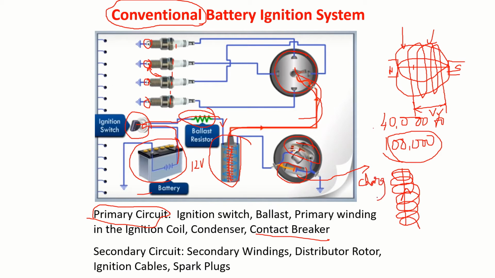You please know that these 2 points are in contact, so that circuit will be in the closed position. These contact breaker points are here, in the closed position like this.